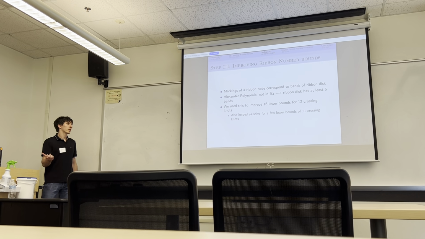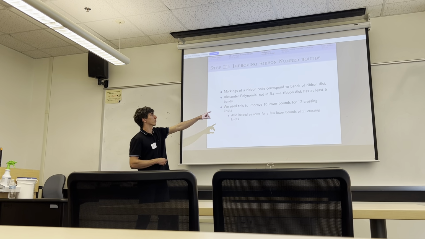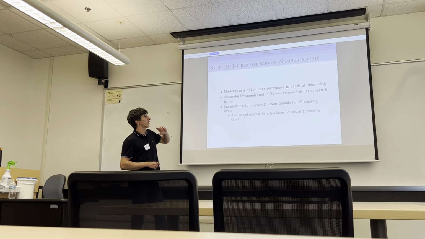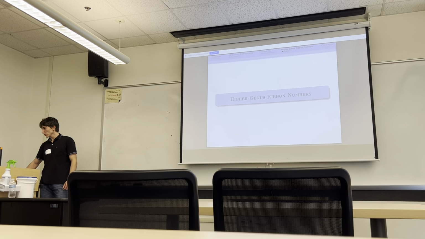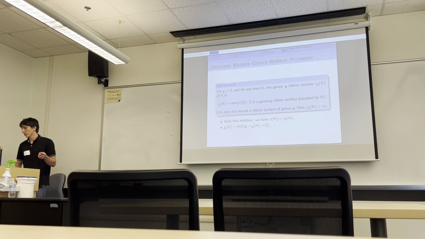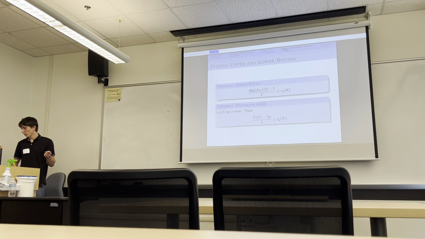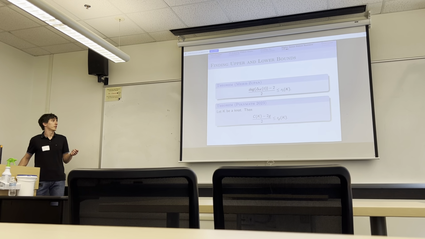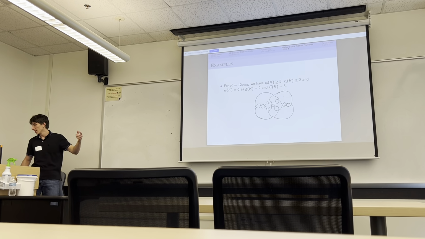And the way we can find the lower bound is, if the Alexander polynomial of a knot is not in R4, then it means it has ribbon number at least 5, so it must be in either R5 or greater. And we ended up looking at heterogeneous ribbon numbers, which I won't go into detail on, but we use this to help find lower bounds dependent on the Alexander polynomial, and then capital C of K, which is the cross-cap number.